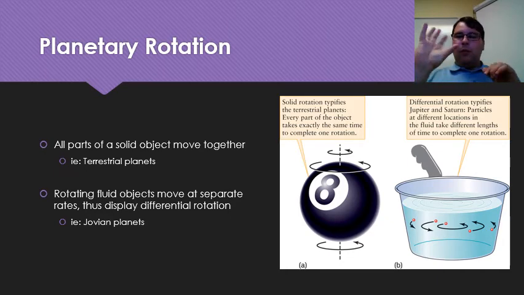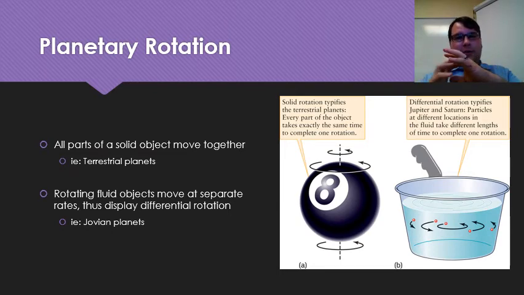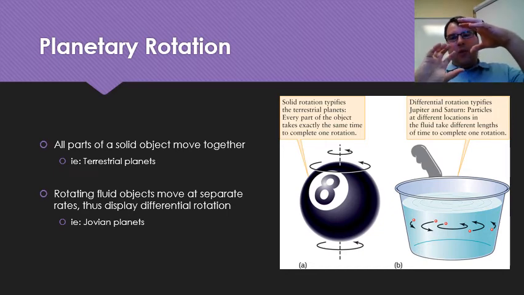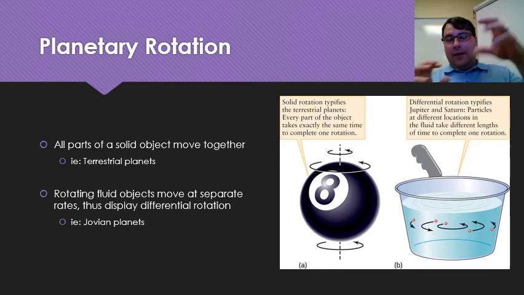And so when we're seeing this kind of rotation, gas giants, Jovian planets, will have what we call differential rotation. And the differential rotation will mean that the cloud structures, the atomic structures that are contained here, the gases, will move at different rates at different parts within even the same region. And as you're looking around the entire planet, they all have different speeds.